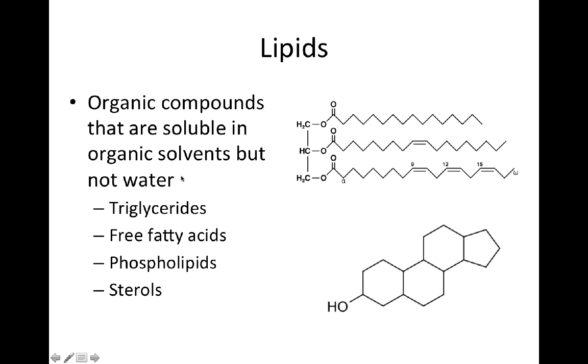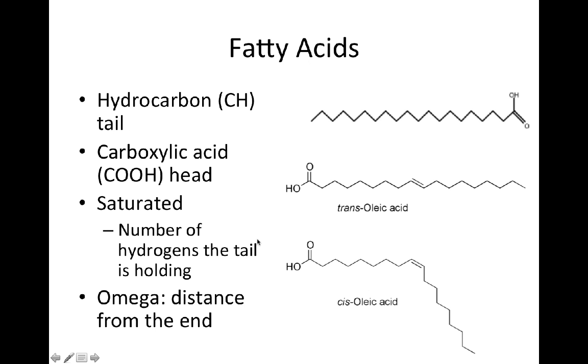There are four main types that we will be talking about: the triglycerides, free fatty acids, phospholipids, and sterols. We'll start off talking about fatty acids, since these will be a component of two of the other ones that we'll talk about.